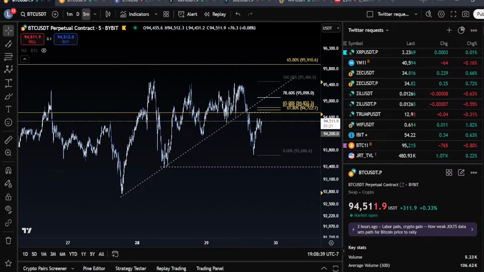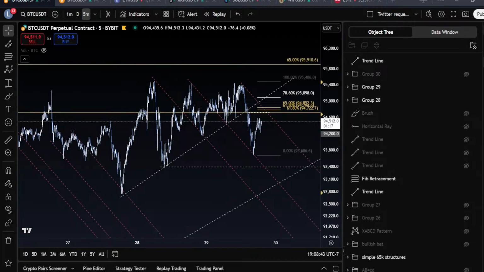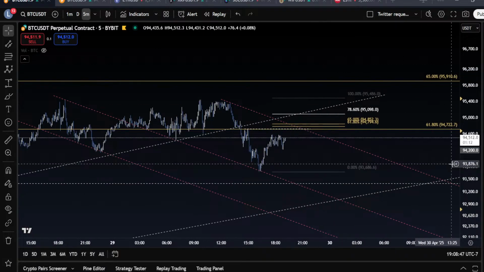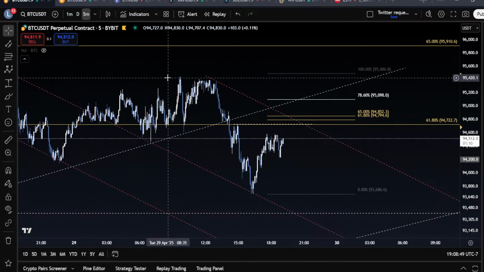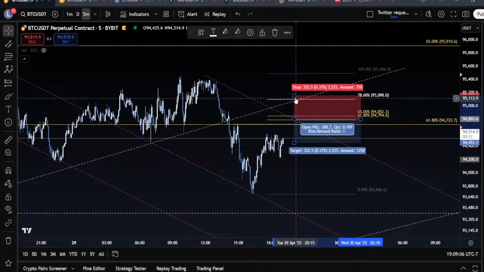Let's go over to Bitcoin, because maybe my witchcraft trend angles here play out. I'll give it a little bit of room to breathe.